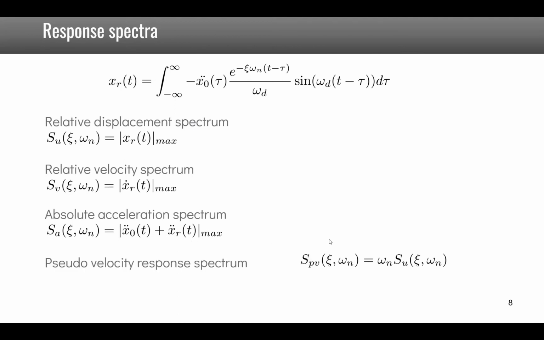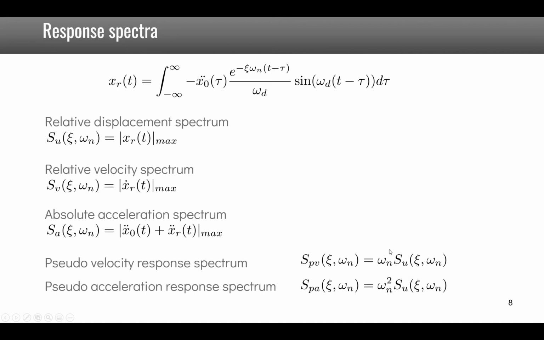We also define two other types of spectra. The pseudo-velocity spectrum is obtained by multiplying the relative displacement spectrum by the natural frequency omega n, and the pseudo-acceleration spectrum by multiplying SU by omega n squared.